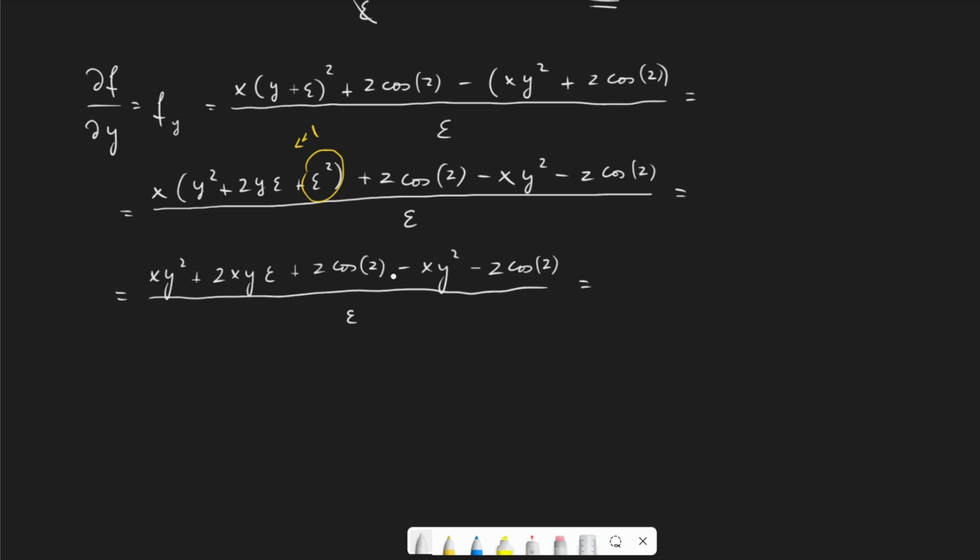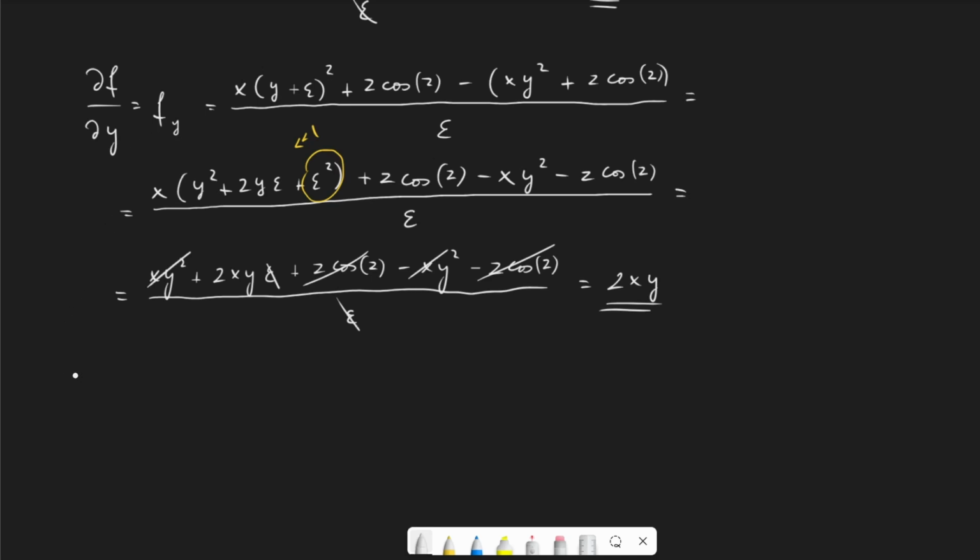And here you can see that xy squared eliminate each other, and also the z cosine z. So after this we can simplify our expression by epsilon. So what we will get is 2x times y. So this is our partial derivative with respect to y.